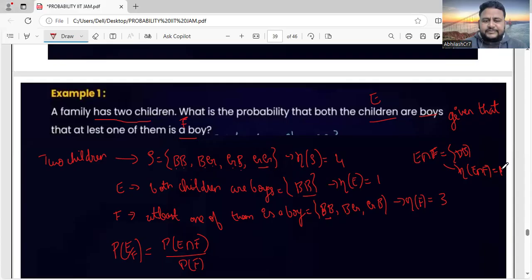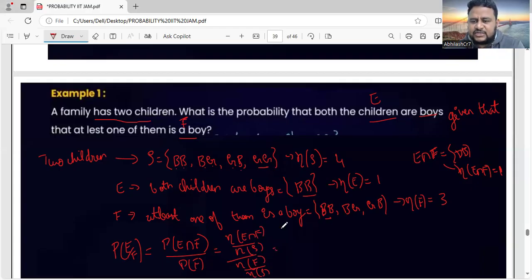So the probability of E intersection F divided by the probability of F is given by cardinality of E intersection F divided by cardinality of S, divided by cardinality of F divided by cardinality of the sample space.